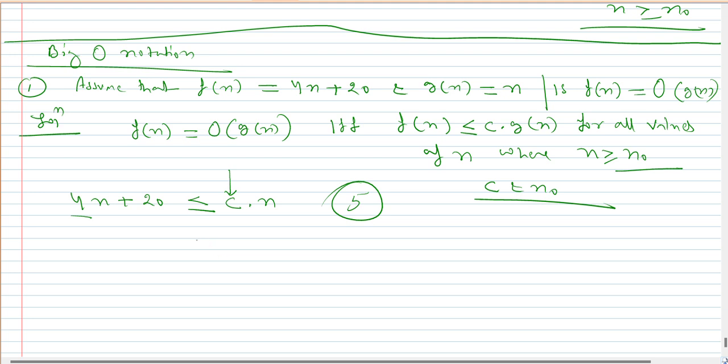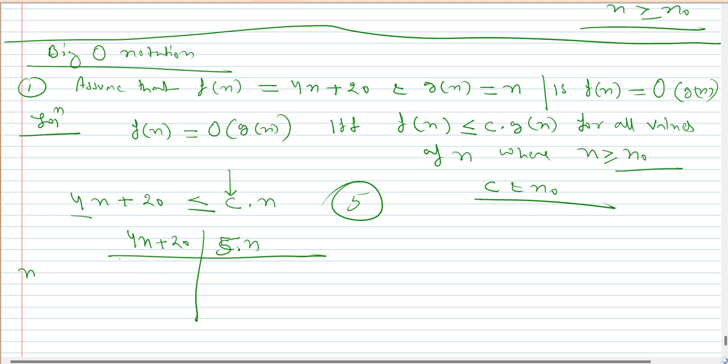So let's make a table: 4n plus 20 and C dot n, for C is equal to 5. We are taking C as 5.